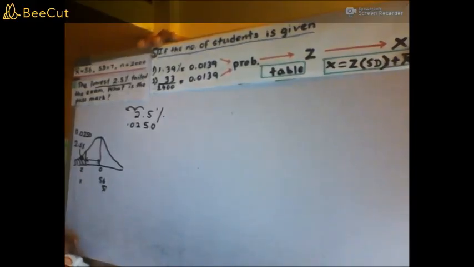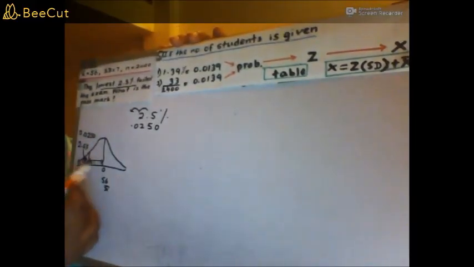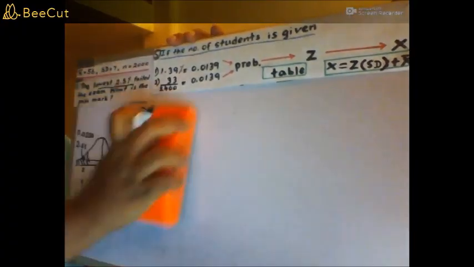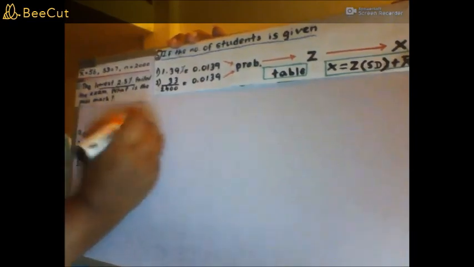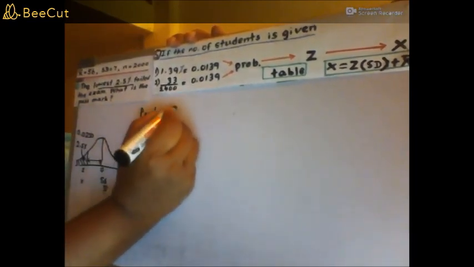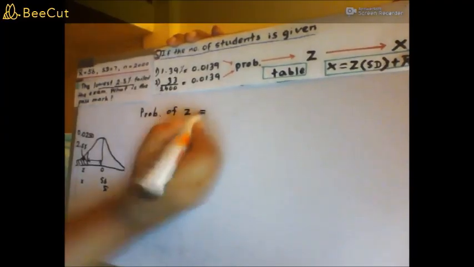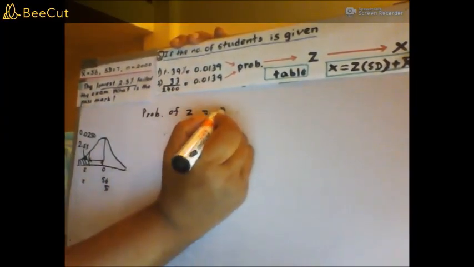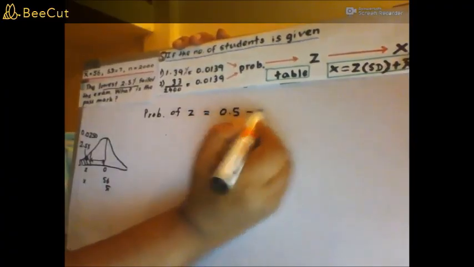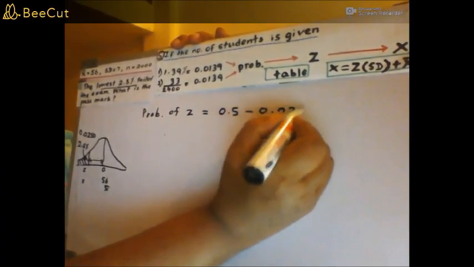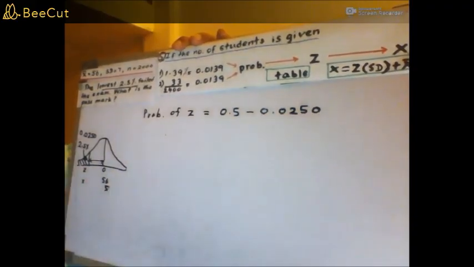We'll write the lines. Probability of Z. We know this now. How can we get the probability of Z here? 0.5 minus 0.0250.